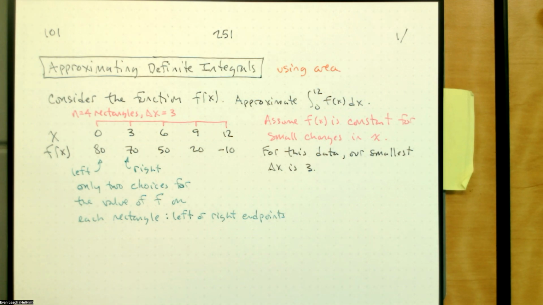This fits the model that we were using before. We are assuming that the function is constant on each of these 3-unit subintervals, these 4 rectangles that are 3 wide.